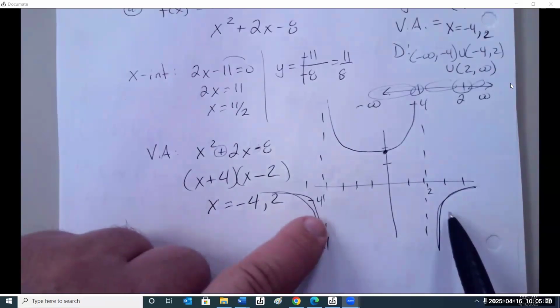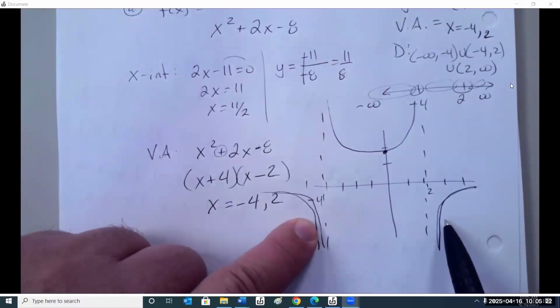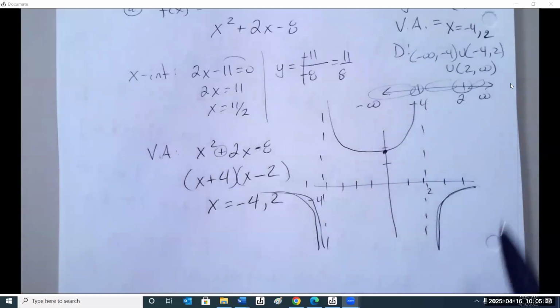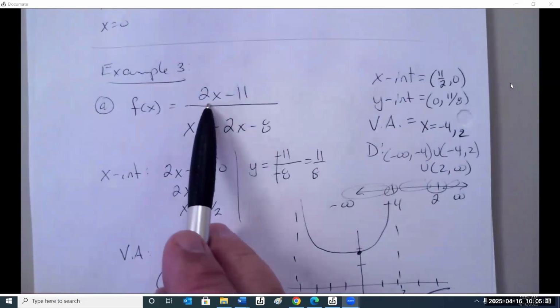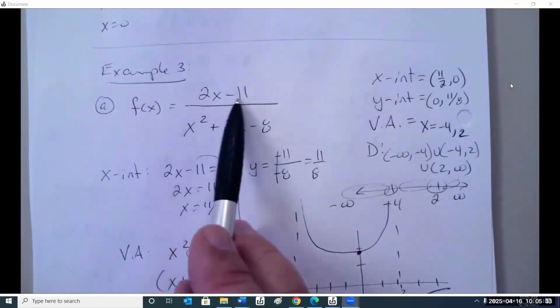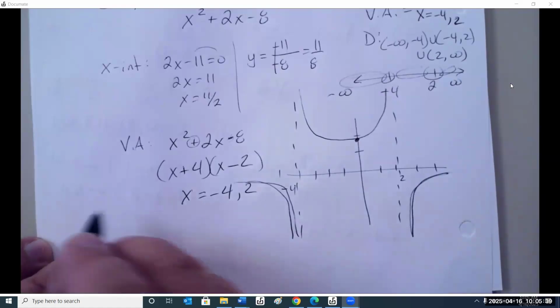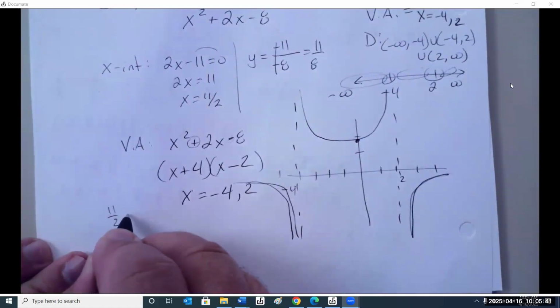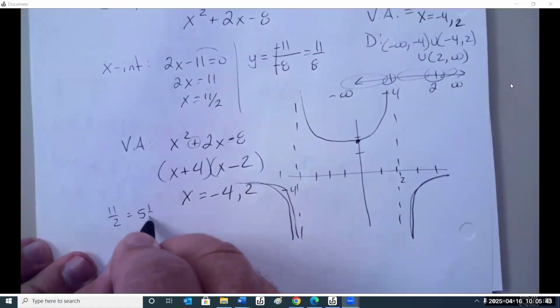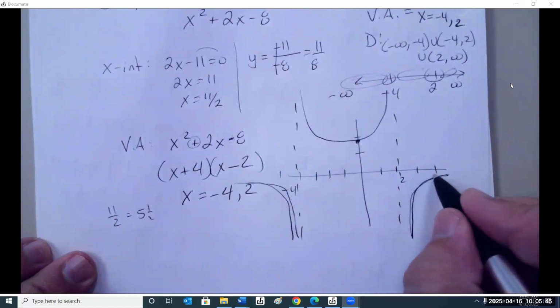How do I know that these are going to be down here and don't cross anywhere? Because the only x-intercept we have is at 11 over 2. Where's 11 over 2? What is 11 over 2? 5 1/2. 3, 4.